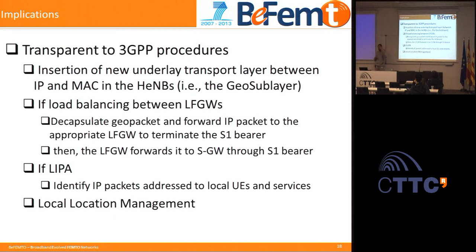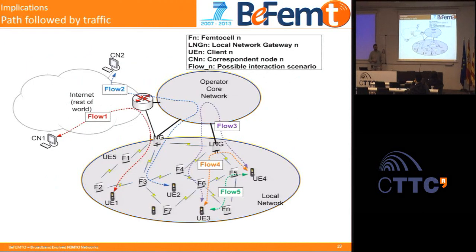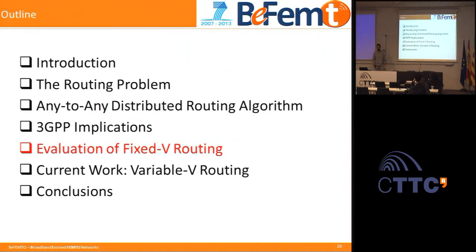There are also lawful interception issues in this kind of scenario. But anyway, this was just to highlight that there may be some implications that we are handling in the project. And as I said, this is maybe the most dangerous flow to serve if you want to comply with 3GPP. All the rest, more or less, we can handle.